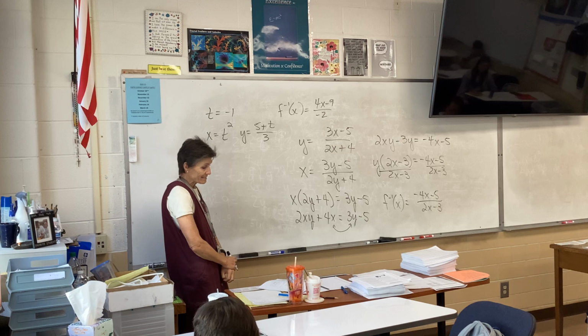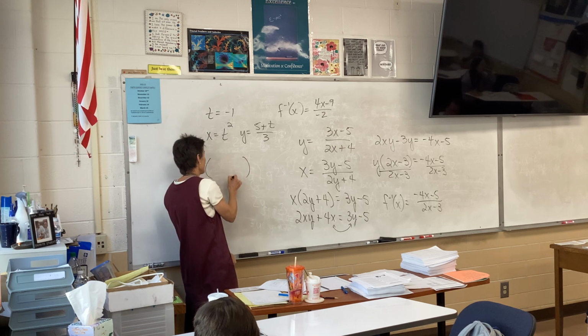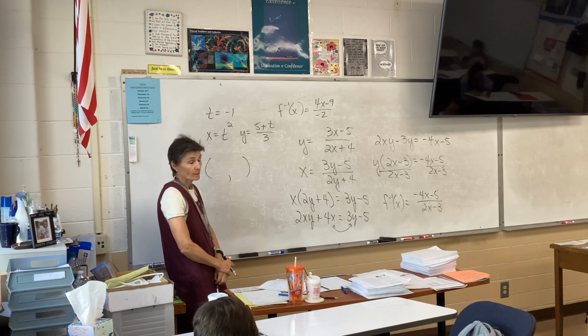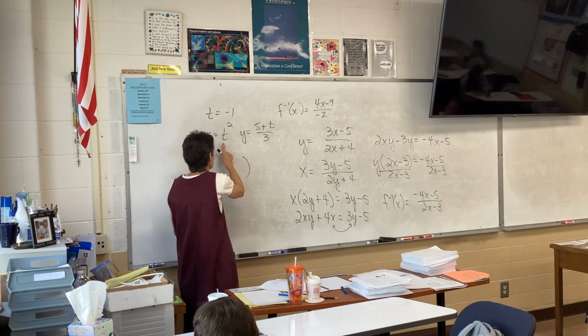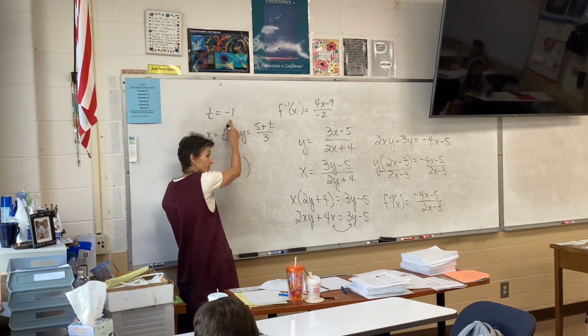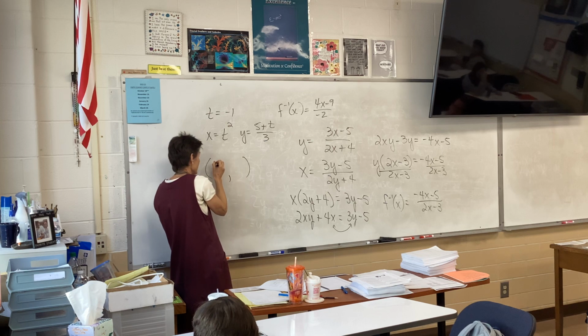This is probably the easiest question on the test. Your job is to find x, comma, y. X is t squared, but we know t is negative 1. So x is going to be negative 1 squared, which is 1.